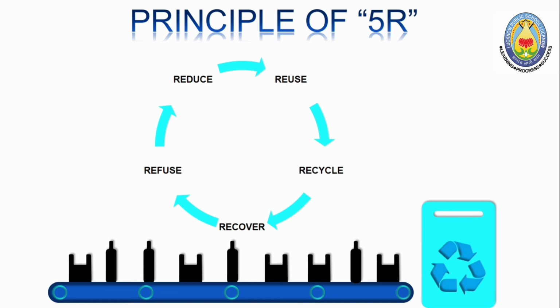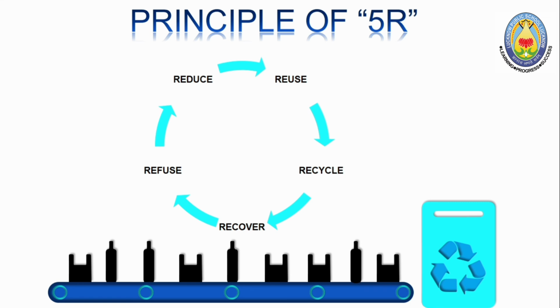As a responsible citizen, remember the principle of 5 R's: reduce, reuse, recycle, recover, and refuse. This means that we should reduce the use of plastic articles by using articles made up of other suitable materials.